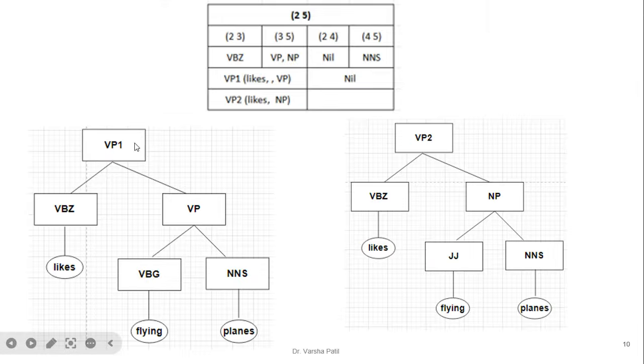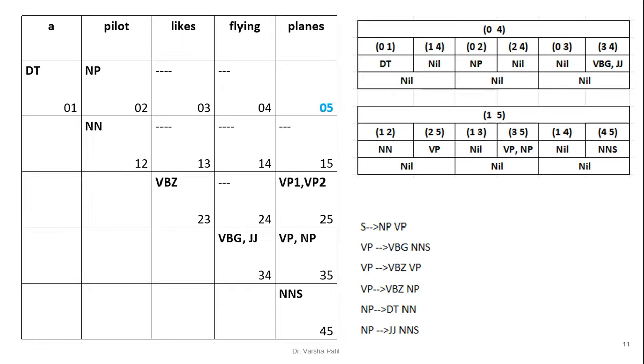Now see, VP1 and VP2, two verb phrases get generated. One is because of the intermediate, here it is VP and here it is NP. Now we will go for the next. Now up to this we have calculated.